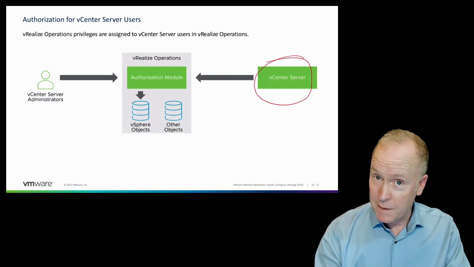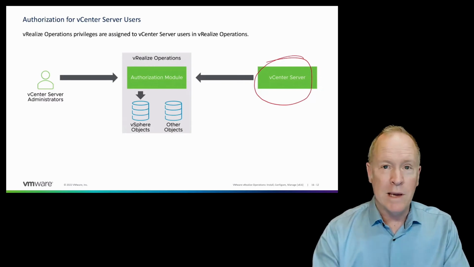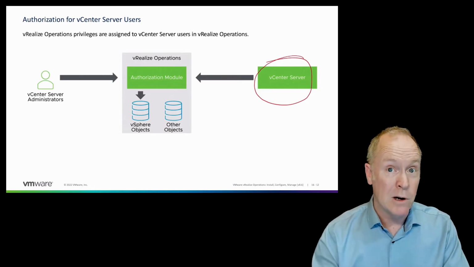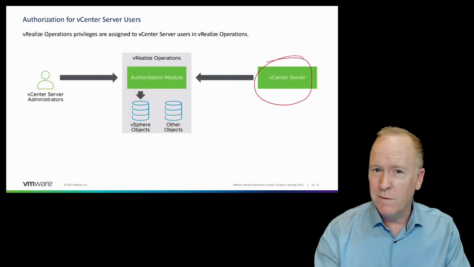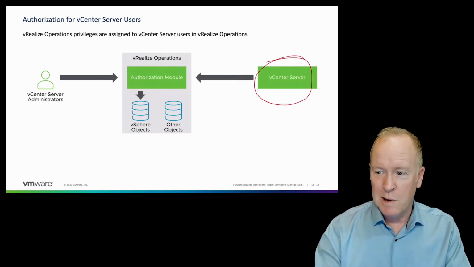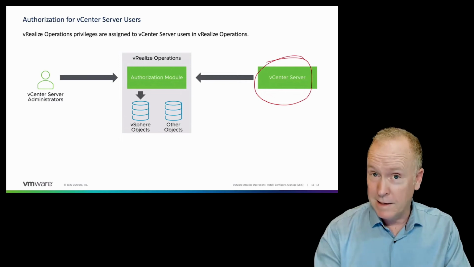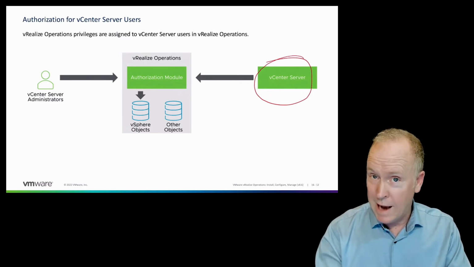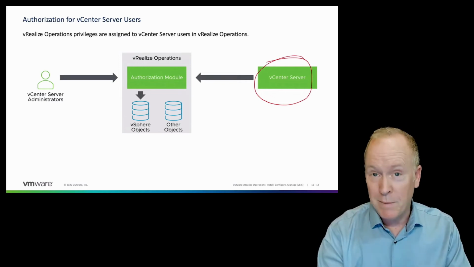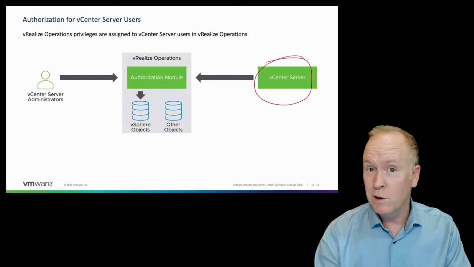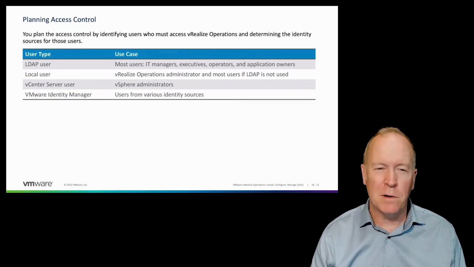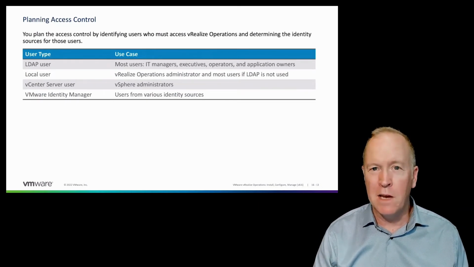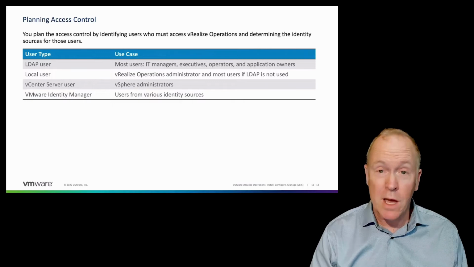The reason why we set it up this way is so that if we empower somebody, for example, a vSphere administrator, to log into vRealize Operations, we want to make certain that vRealize Operations is granting them the same level of access, but no more access than they would have had they been logging into the vCenter Server using the vSphere client.